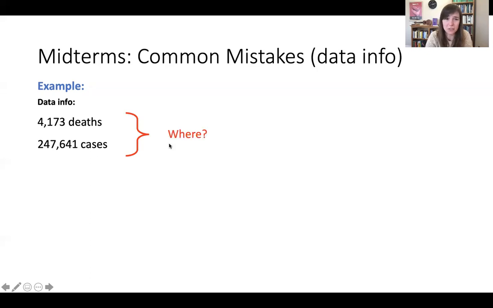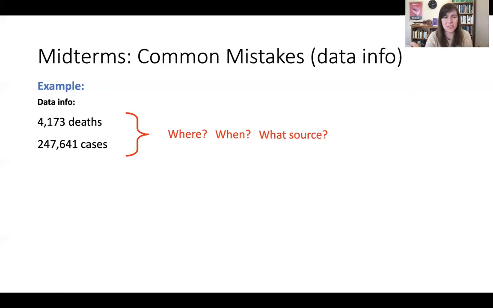My immediate questions are: where? Is this data for the whole US? Is this data for a certain state or some city? And when? Maybe this information is really old, a year-old from when the pandemic was just getting started.